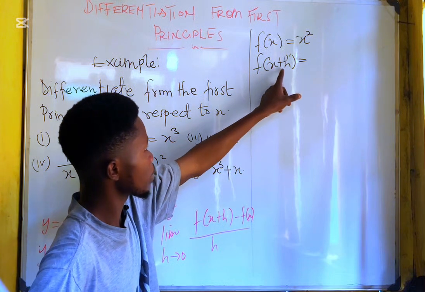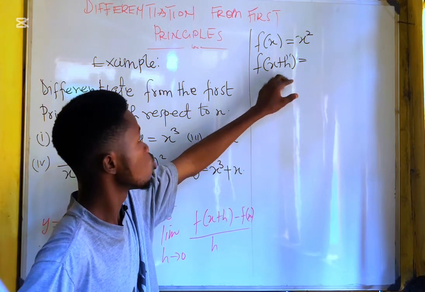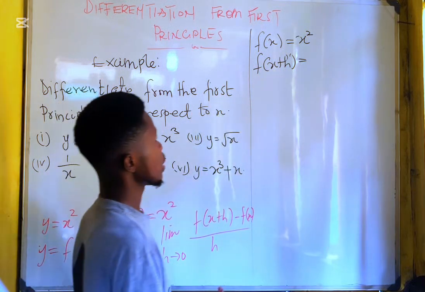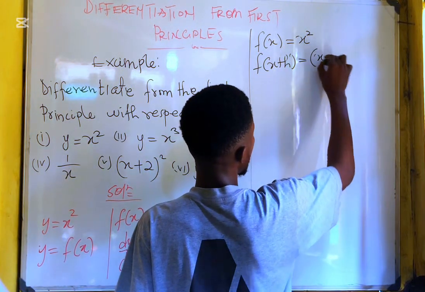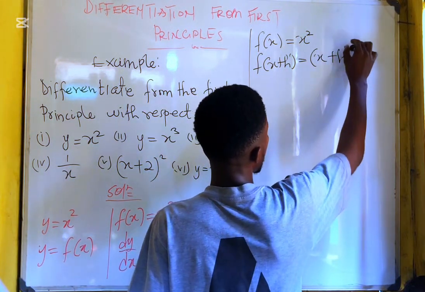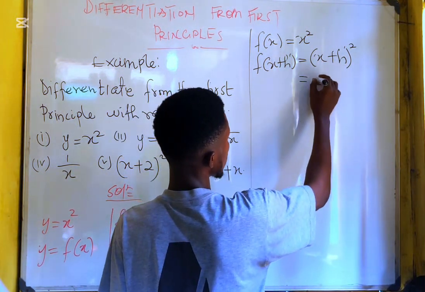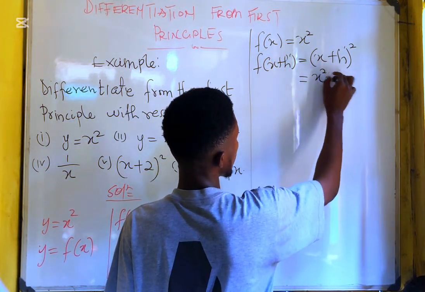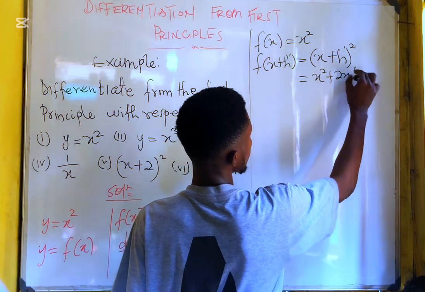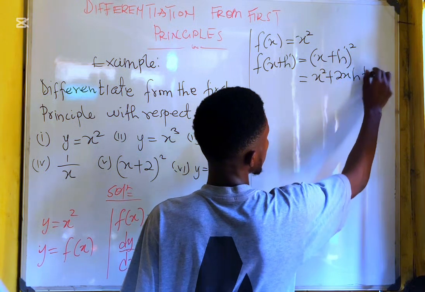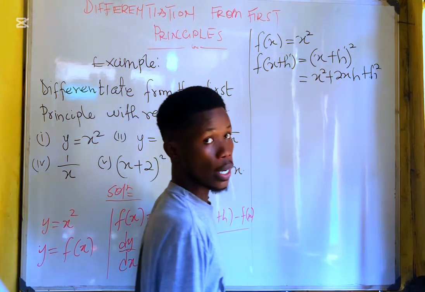So f(x plus h) means that wherever I see x, I'm going to replace it by x plus h. So here is going to be (x plus h) all squared. So we can expand this to get x squared plus 2xh plus h squared. Is that okay?